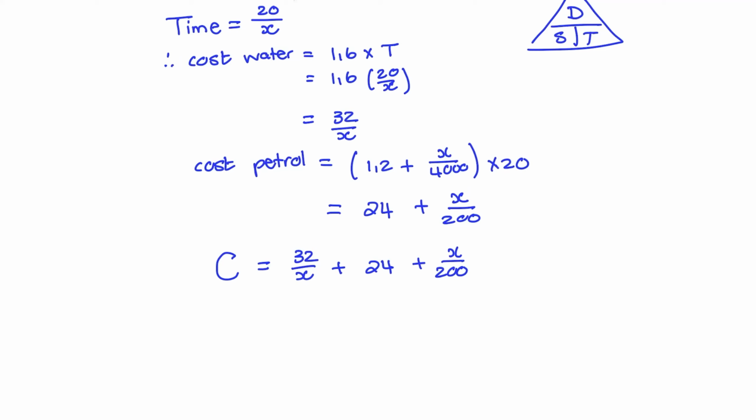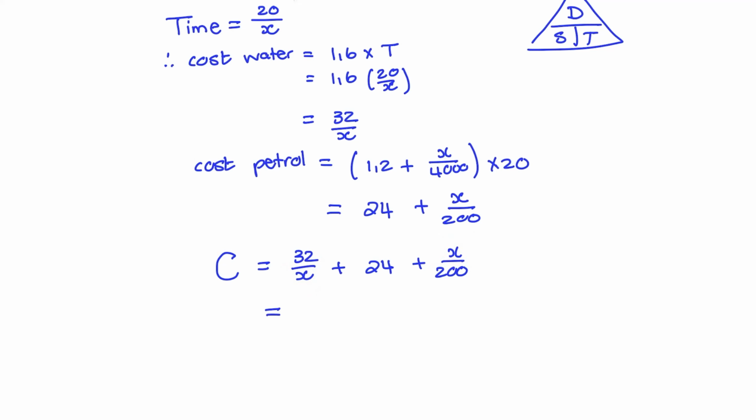And we want to find the value of x, which is the speed, where the cost is a minimum. To find the minimum, we take the first derivative and set that equal to 0. That will help us to find the value of x where the cost would be a minimum, or its lowest.